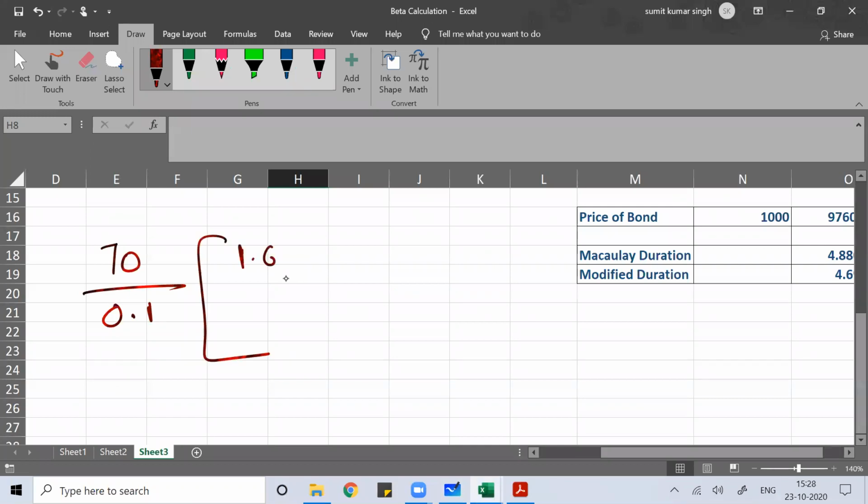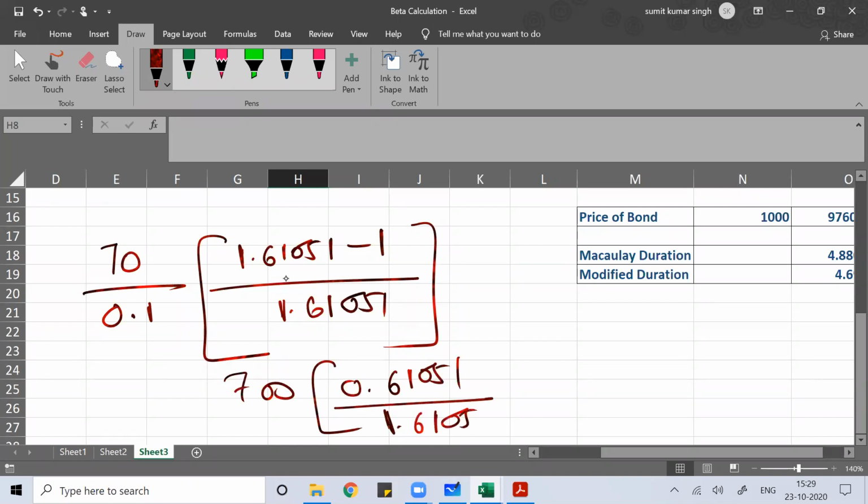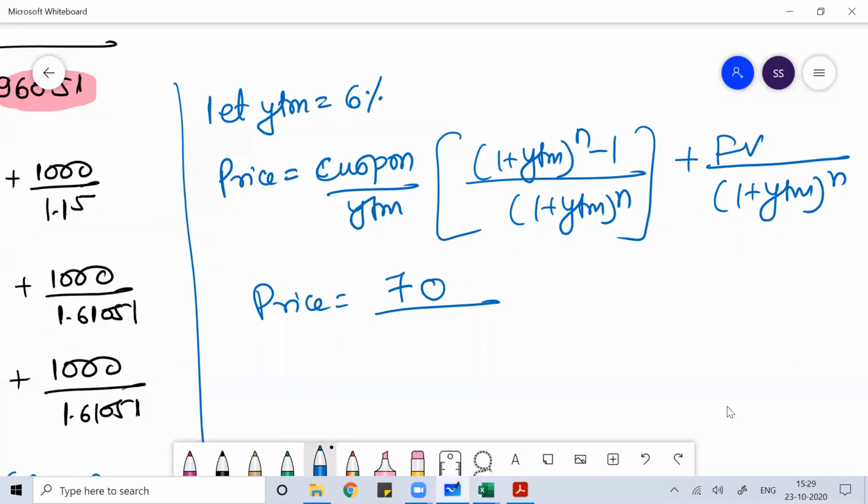So 700 into (1.61051 minus 1) divided by 1.61051, which is 700 into 0.61051 divided by 1.61051. Use the calculator.